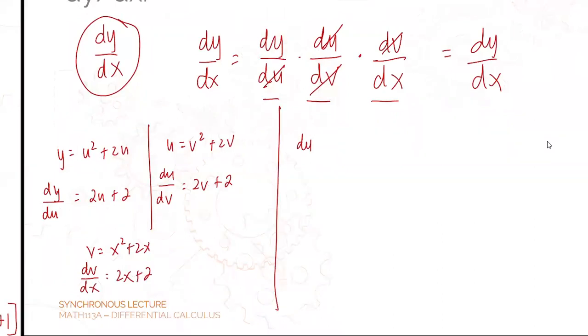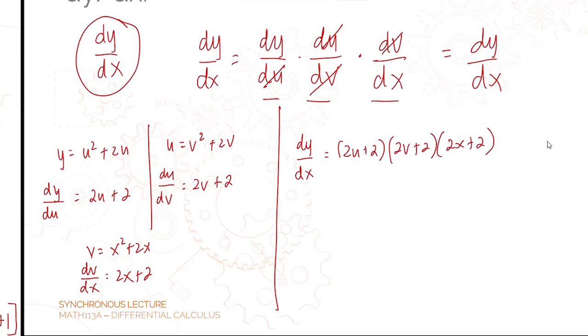So we have dy over dx is equal to dy over du, which is 2u plus 2, and then du over dv, which is 2v plus 2, then the next is 2x plus 2. Okay?